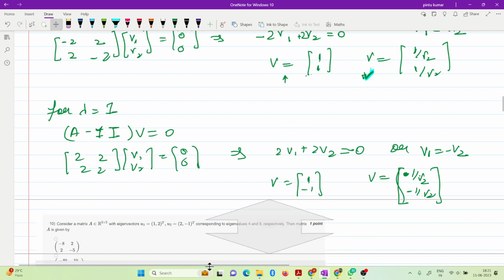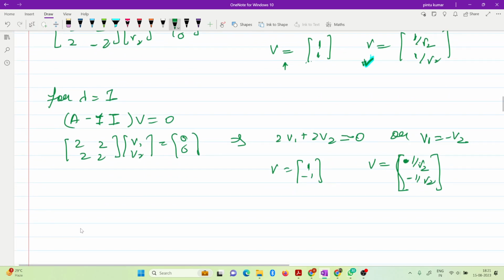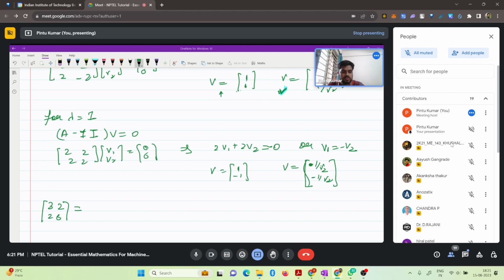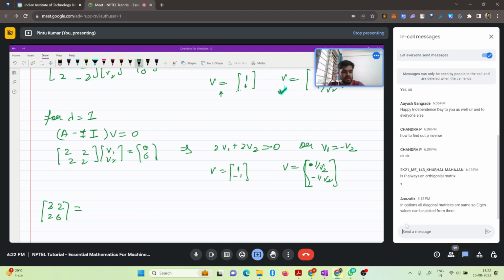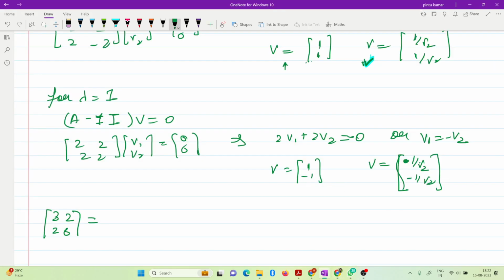So now it's time to write the eigen decomposition. So this matrix 3, 2, 2, 3 can be written as, let's rewrite the first eigenvector as the first column. So this is 1 by root 2, 1 by root 2, and this one is 1 by root 2, and this is minus 1 by root 2. And what is my diagonal matrix?